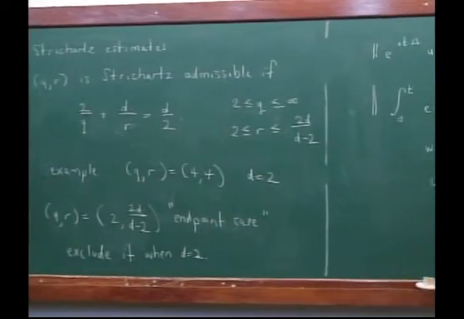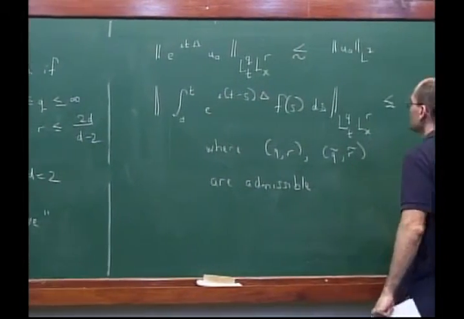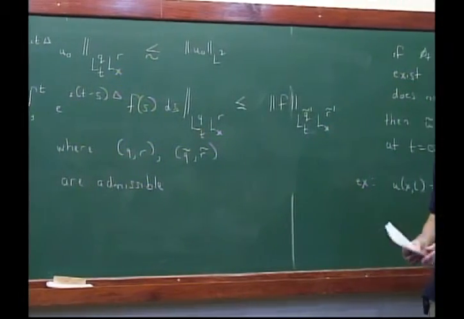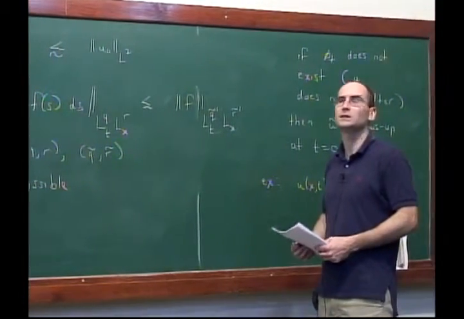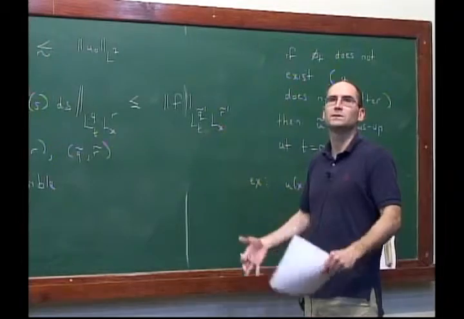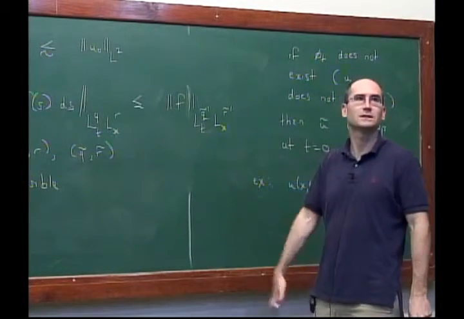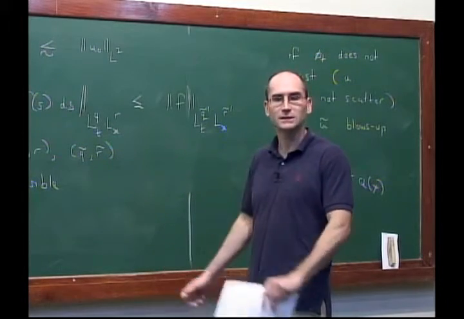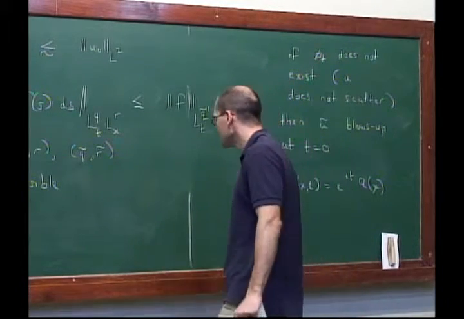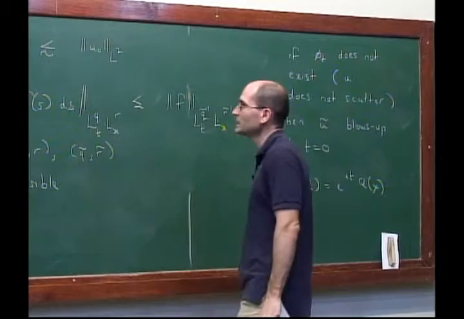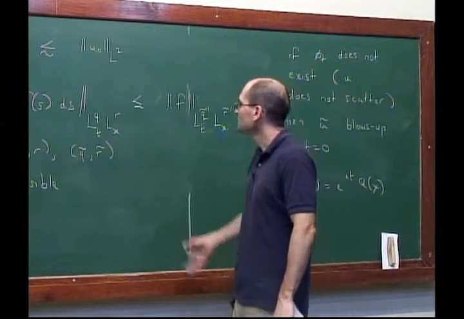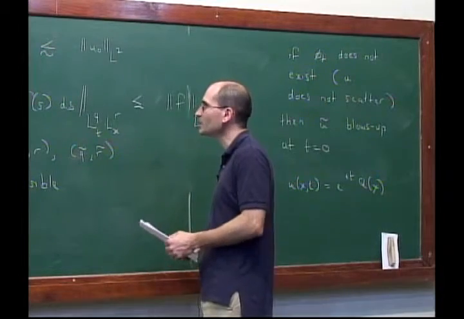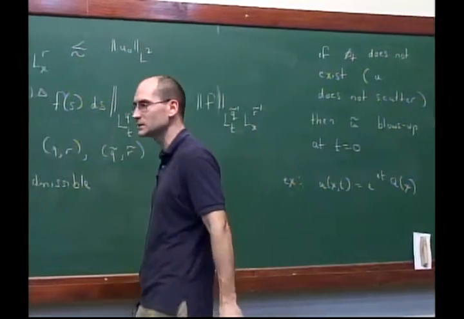So what is key is that some time integration is used. It's not a so-called energy estimate, which would just be L infinity in time. It would just be comparing the size of the solution at some time t in comparison to its initial size in the Sobolev space. That's an energy estimate. But there's integration in x and t, and as a result, it captures the so-called dispersive effect.